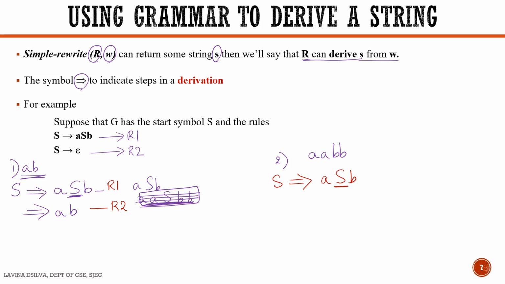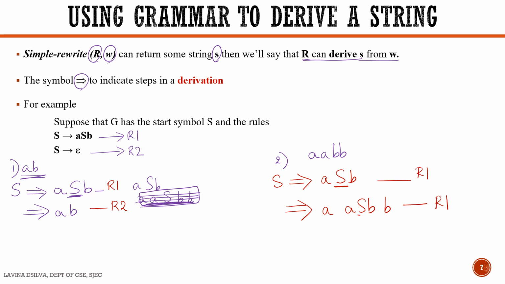It can be replaced by either rule number 1 or rule number 2. So we have to pick the rule which leads us to obtaining the string AABB. So here we know that S has to be replaced by the ASB rule, giving A, S, B. So here we make use of rule number 1. Here again we make use of rule number 1.